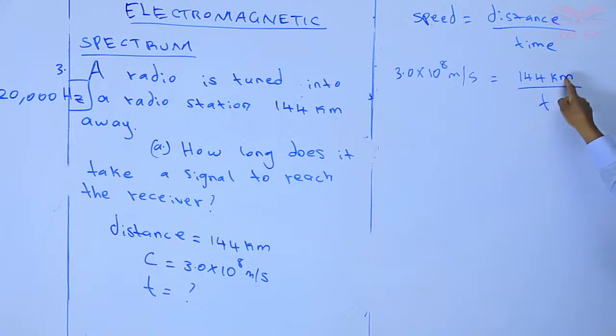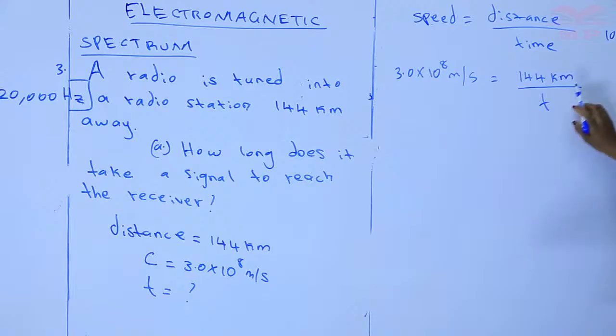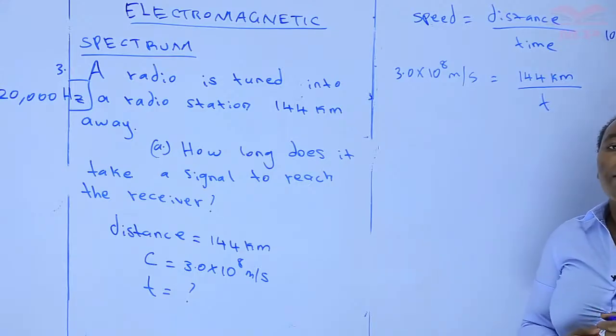And since here we have kilometers, here we have meters, we need to convert this distance in meters. So we convert the kilometers in meters. We know very well that 1,000 meters make 1 kilometer. So when we have 144 kilometers, simply multiply by 1,000 to get 144,000 meters.